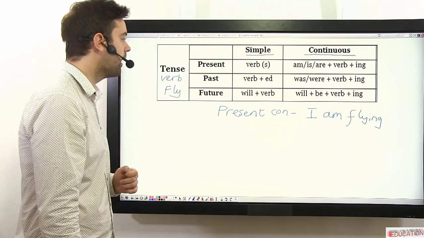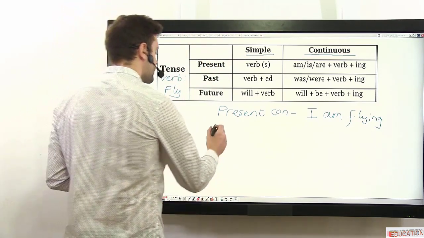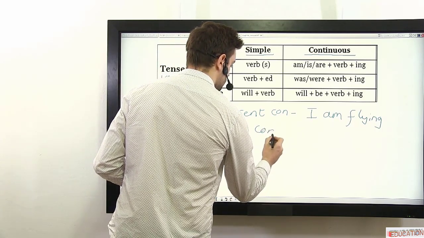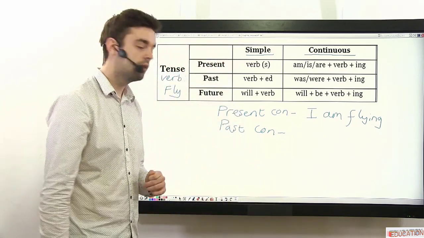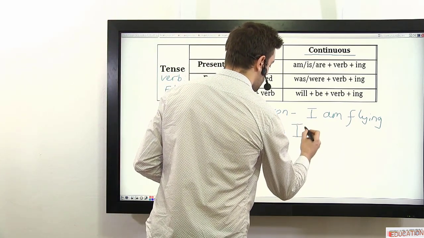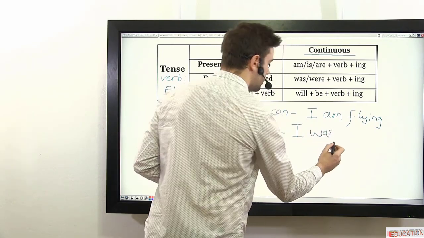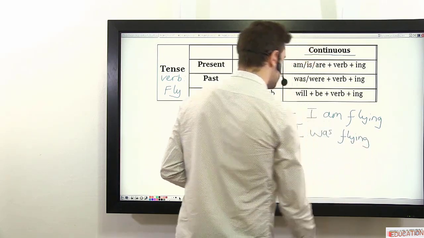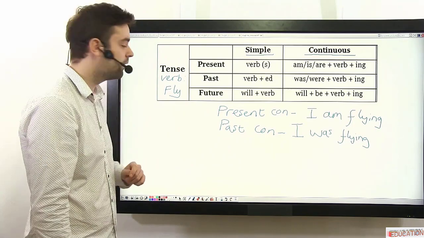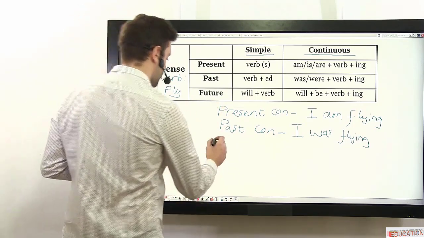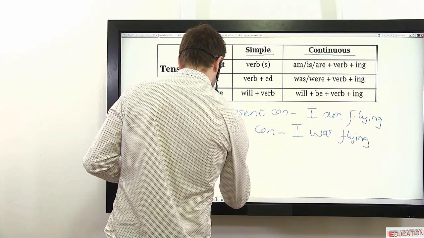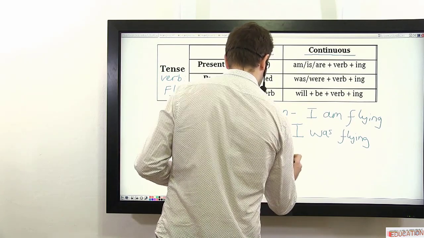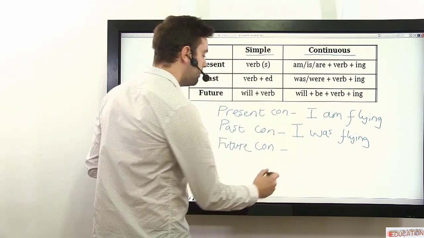Past continuous. I was flying. And future continuous. I will be flying.